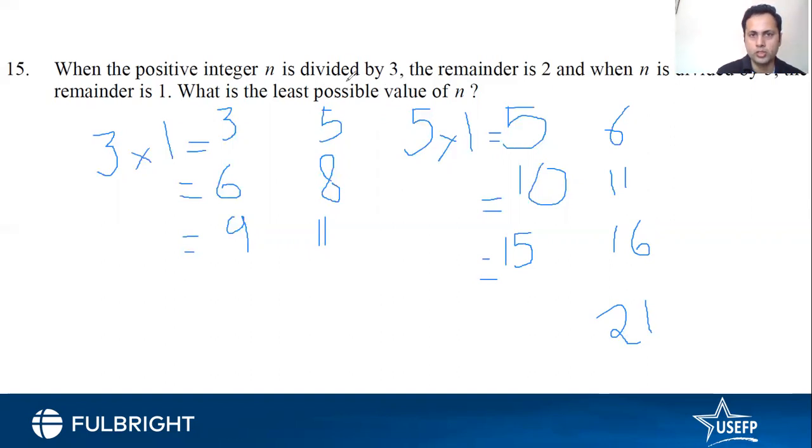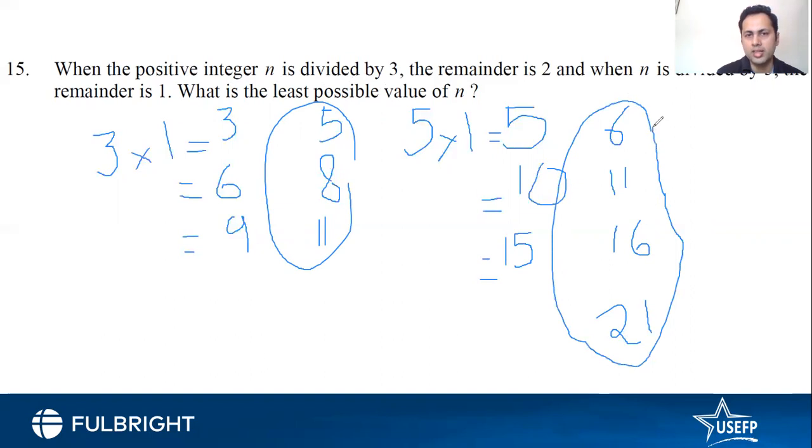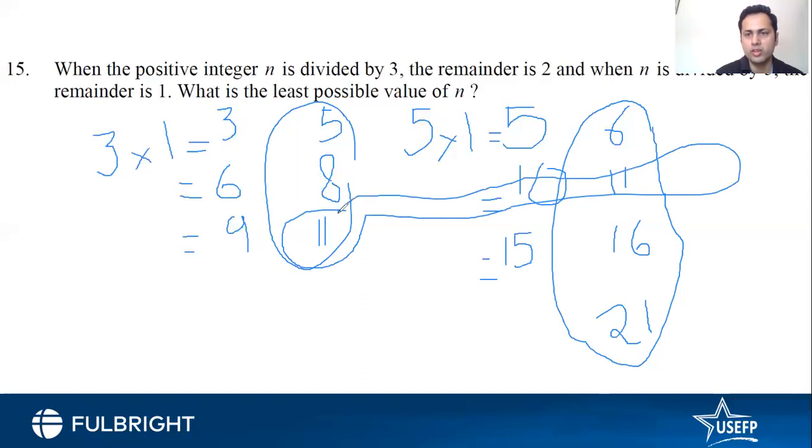N is a thing which is common in this column and this column. So what is the least value of n which is in both components? It is 11. So 11 is common in both. So 11 is the least value of n.